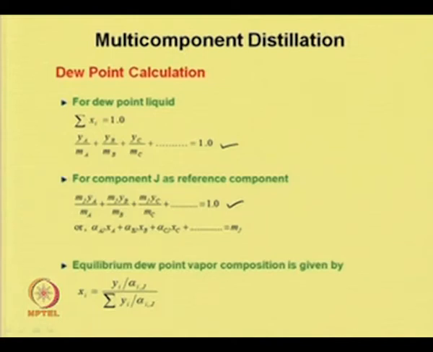So, we can write Ya by alpha Aj plus Yb by alpha Bj plus Yc by alpha Cj and so on would be equal to 1 by Mj. And the equilibrium dew point liquid composition can be written as Xi is equal to Yi divided by alpha ij, divided by summation over Yi by alpha ij.